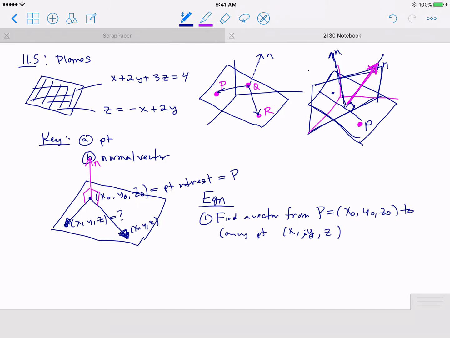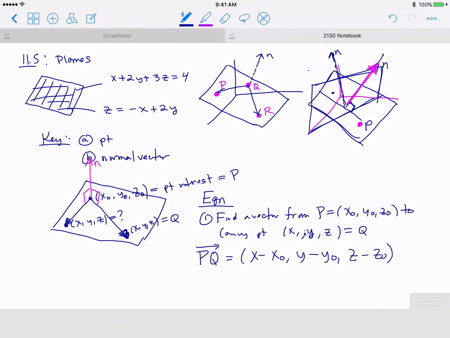Let's call this point Q. So what you're looking for is to construct a vector from P to Q, which is going to be x minus x naught, y minus y naught, and z minus z naught.